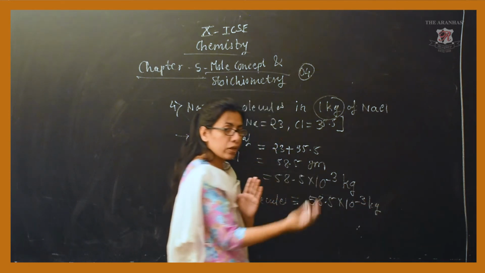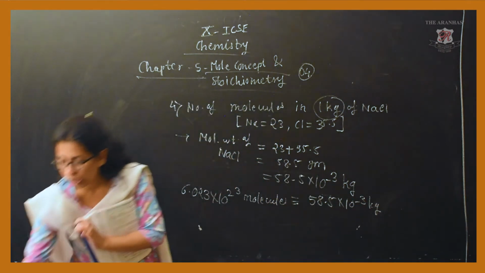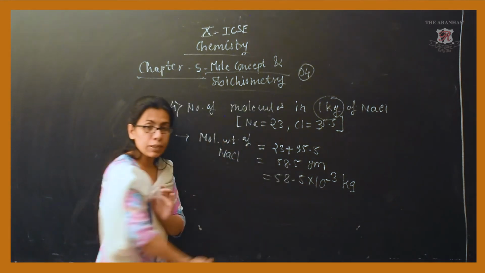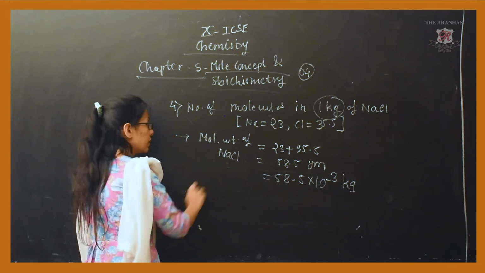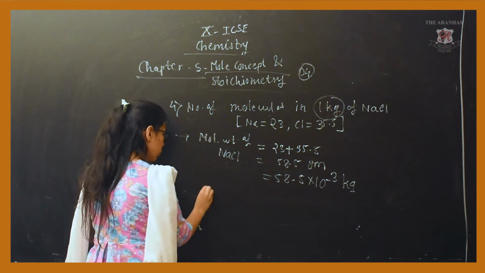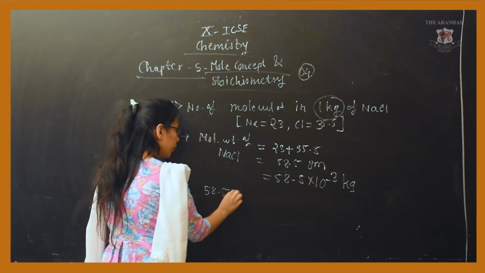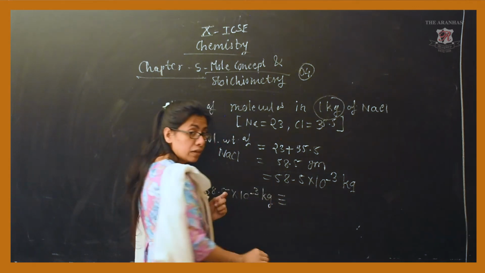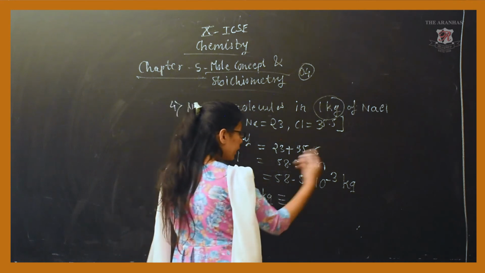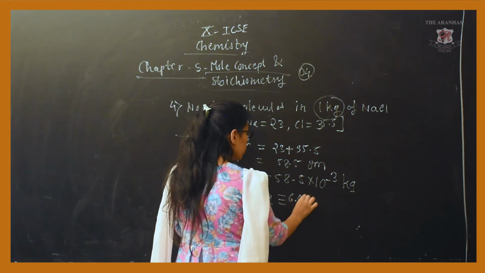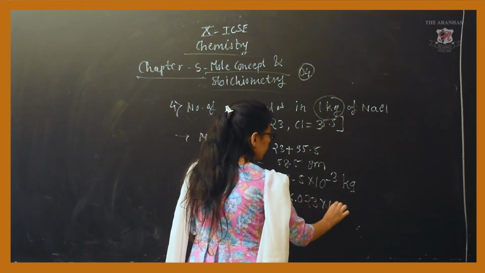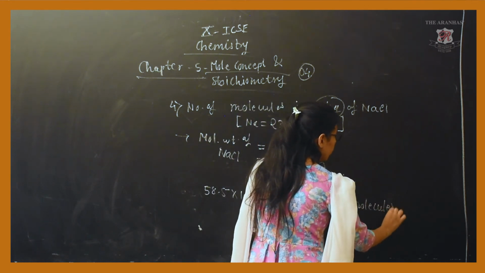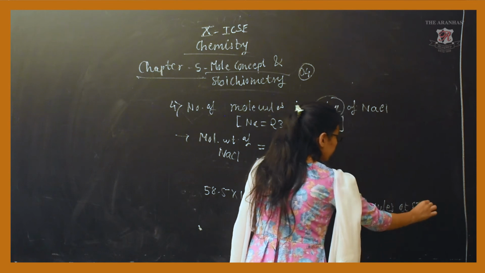We can also say it in another way. This weight, 58.5 into 10 raised to minus 3 kg, is equivalent to, or it contains how many molecules? 6.023 into 10 raised to 23 molecules at STP.